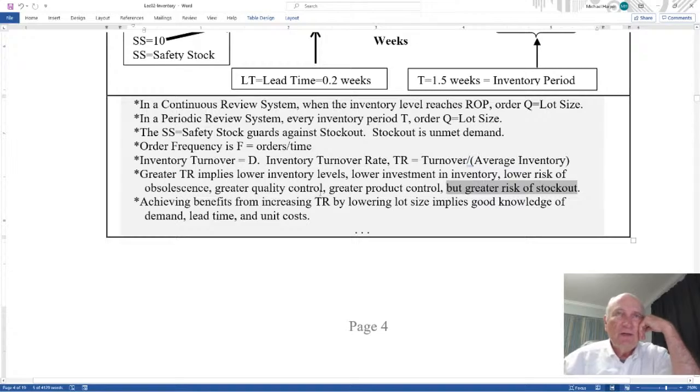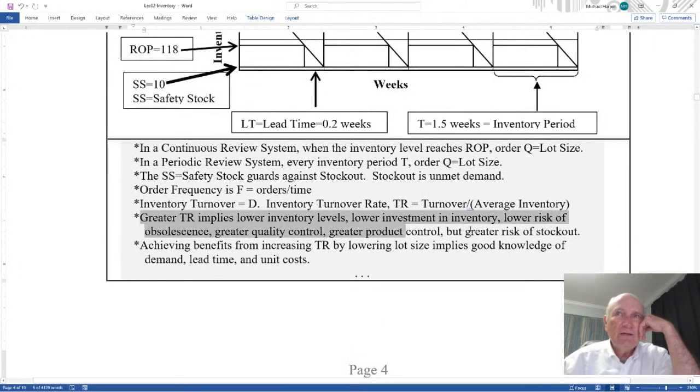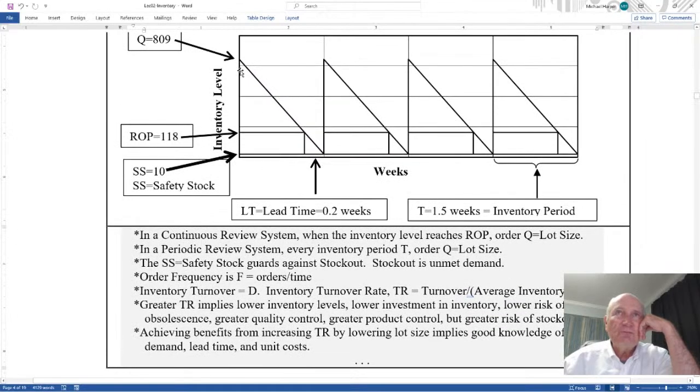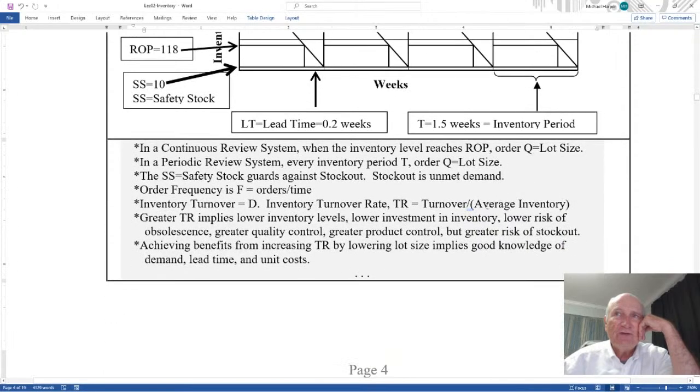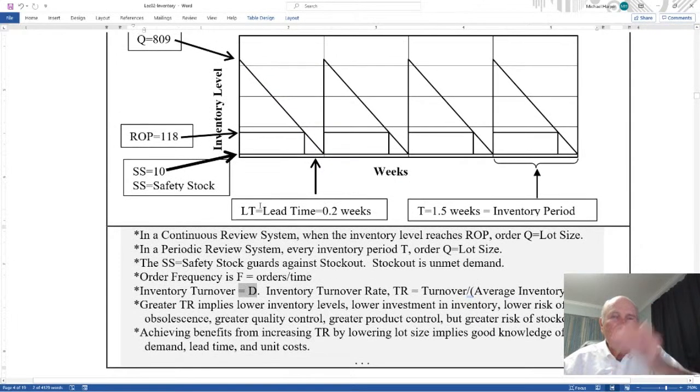Remember, if you order smaller lot sizes, that means the average inventory is smaller. And the turnover, which is your demand, doesn't change with whatever you order. The demand comes from downstream. You're getting 100 a week every single week.